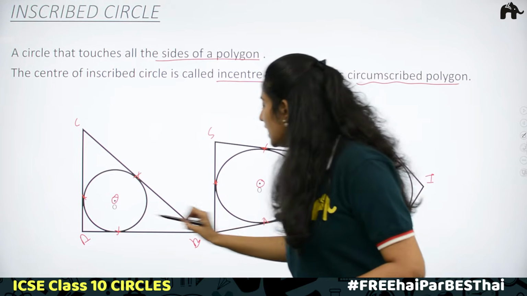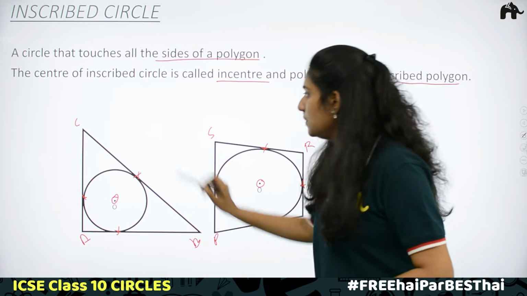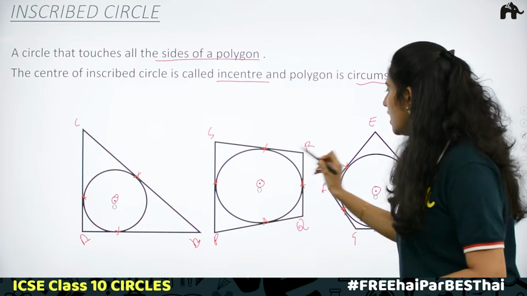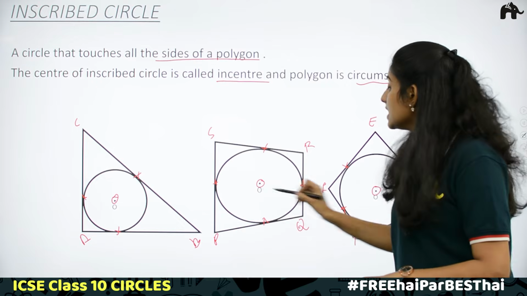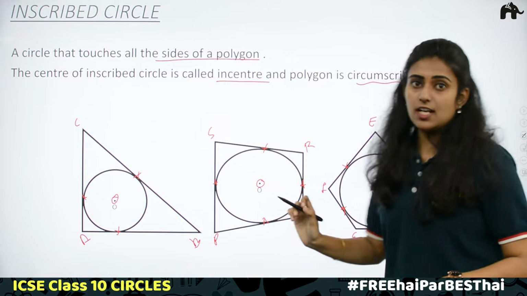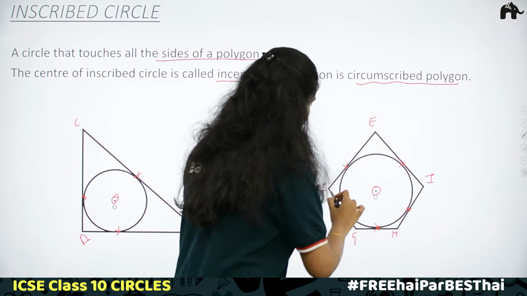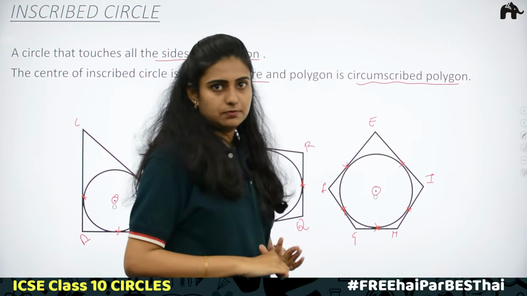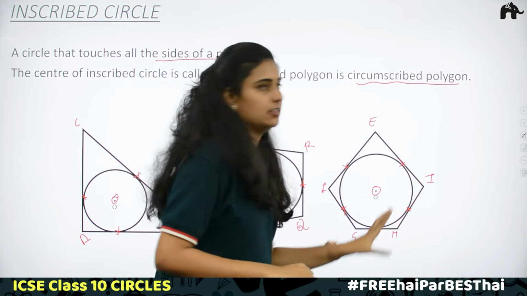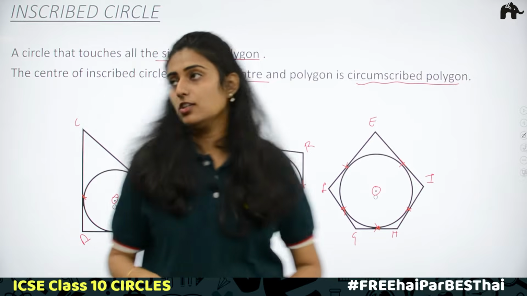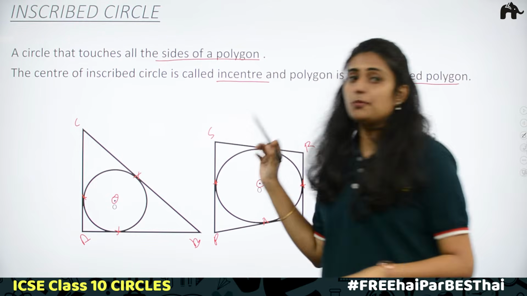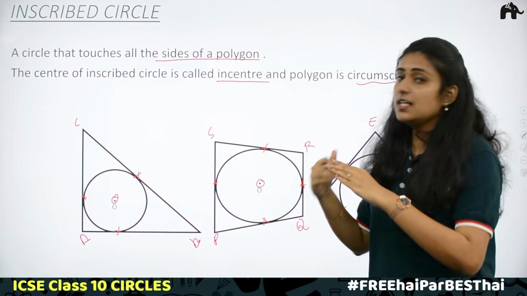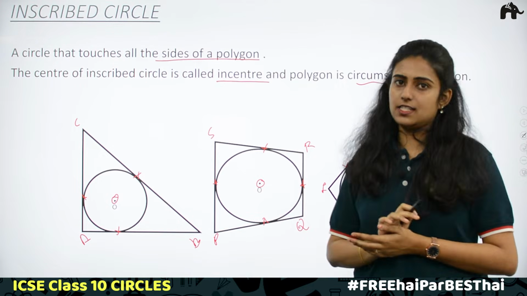So here triangle ABC is a circumscribed triangle. Quadrilateral PQRS is a circumscribed quadrilateral, and this 5-sided polygon is a circumscribed polygon. Clear? Understood? So this is the idea about circumscribed circles and inscribed circles. Circumscribed circle, just the opposite, we have the inscribed circles. Okay.